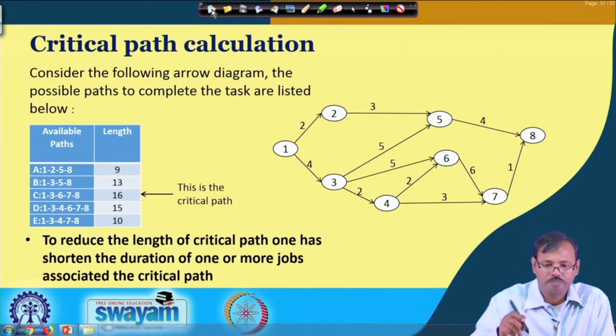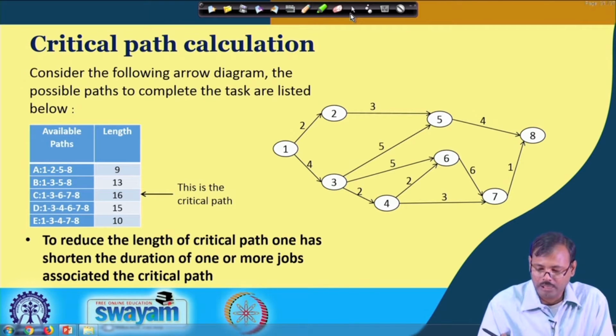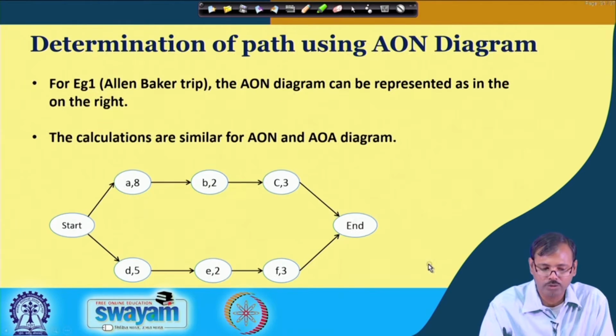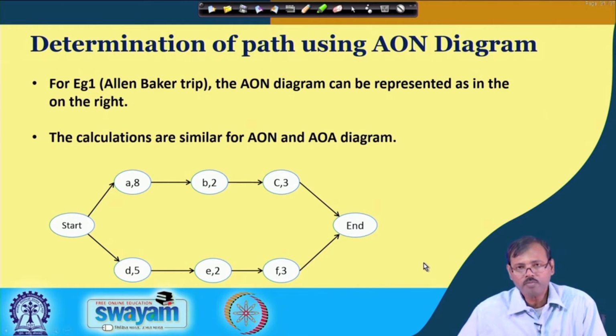So, basically the critical path gives us the analysis from where we can infer which path has to be taken care of more. We can carry out analysis of the critical path for an activity on node diagram also.